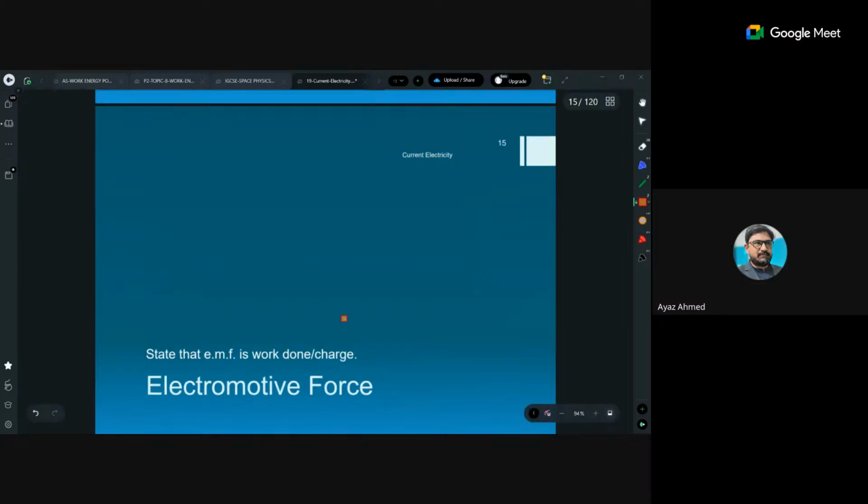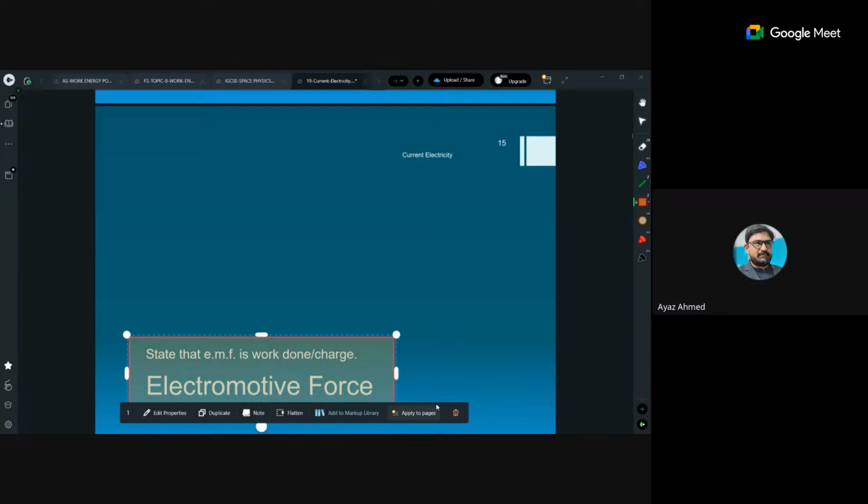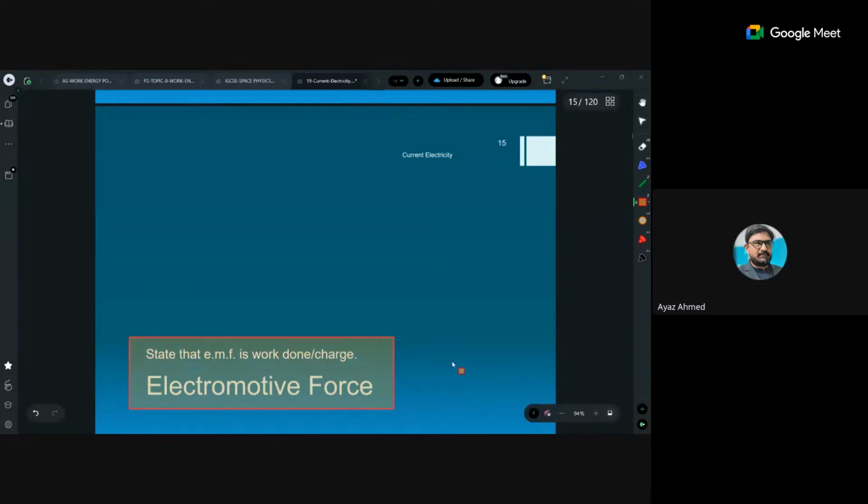Then we have the second physical quantity, EMF or electromotive force. Electromotive force is defined as the work done per unit charge. This is its definition, the exam definition for 1 mark.